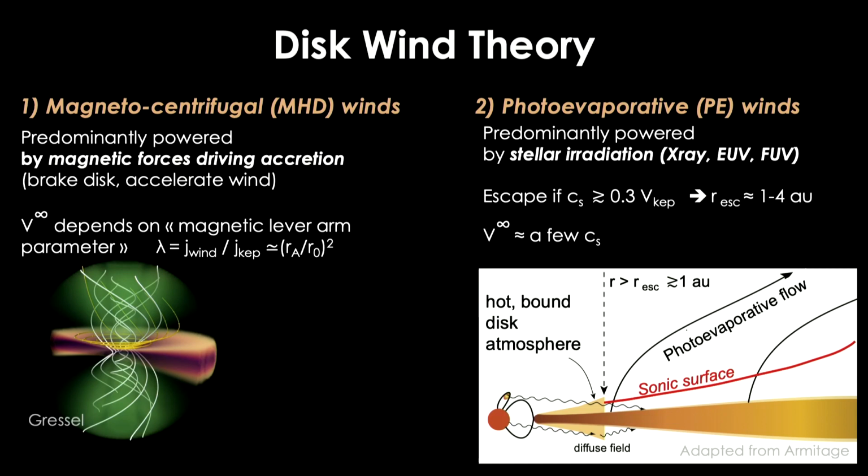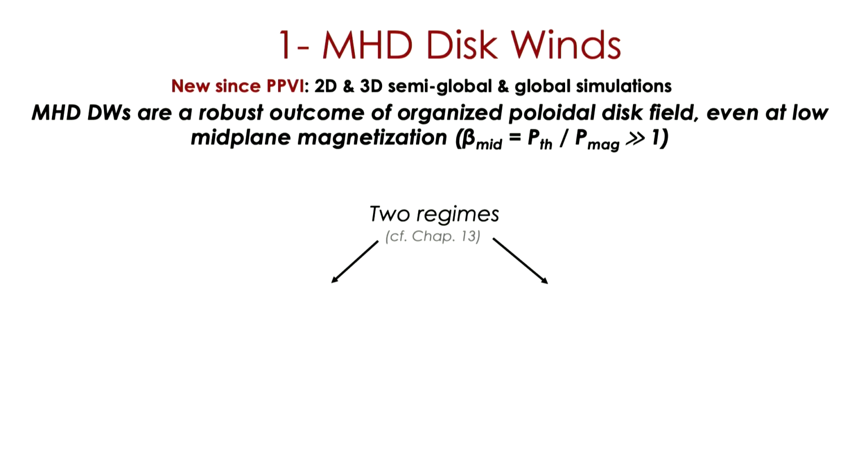And this creates a hot disk surface with a pressure gradient, and this can lift material and make it escape from the disk if the sound speed is large enough compared to the Keplerian speed, which corresponds to escape radii of at least 1 to 4 AU. Inside of that, you remain bound to the disk and you have no photoevaporation. So these photoevaporative winds start beyond a few AU, and the final speed is a few times the sound speed.